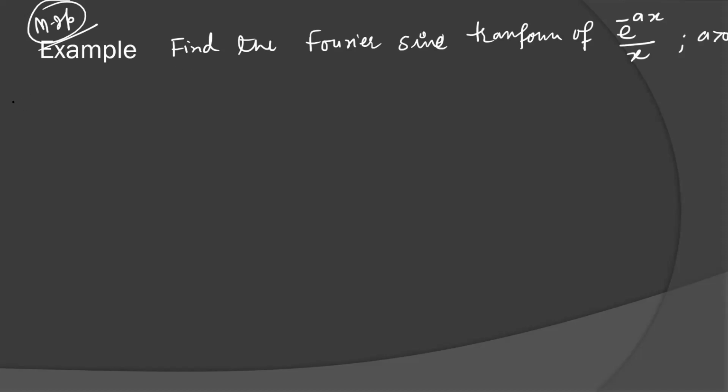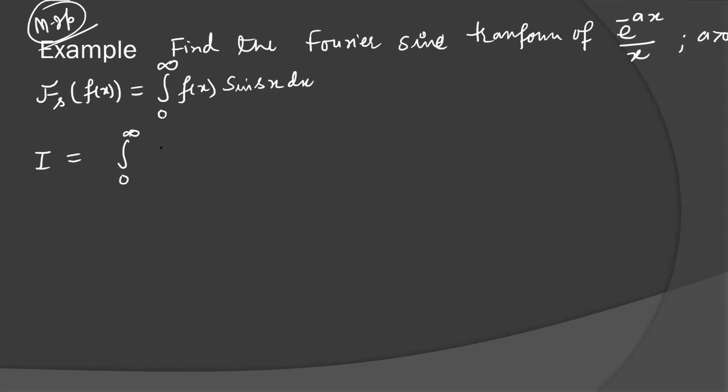So what is the Fourier sine transform of any function? It is equal to the integral from 0 to infinity of f(x) sin sx dx. Now call it as integration I. This is equal to the integral from 0 to infinity of e to the power minus ax over x, sin sx dx.